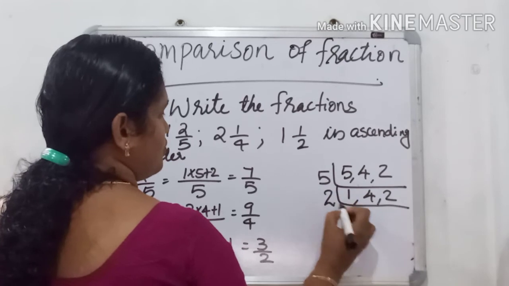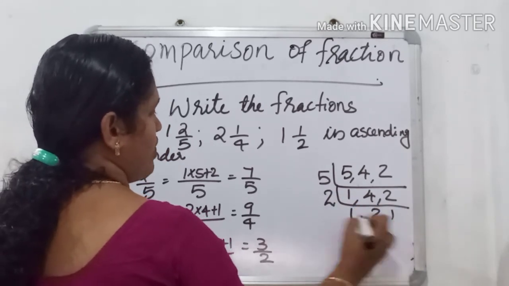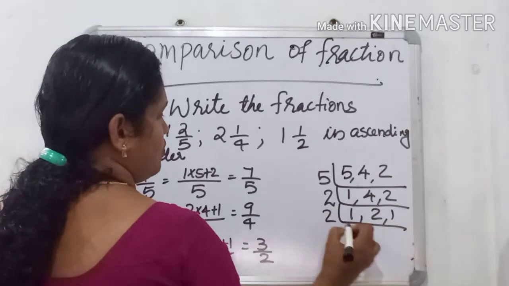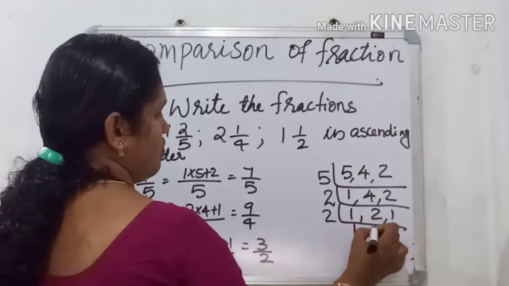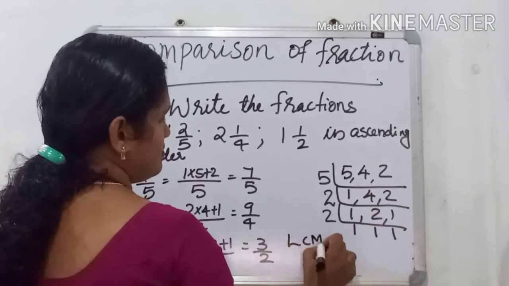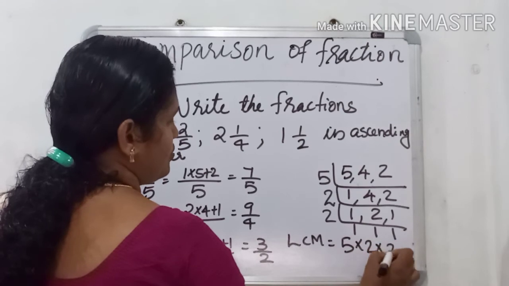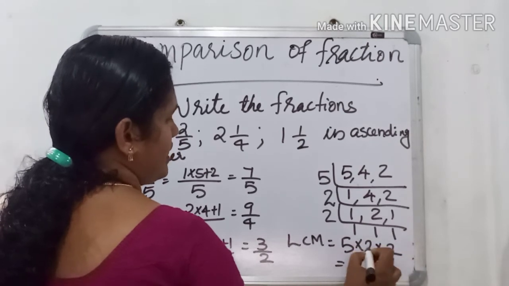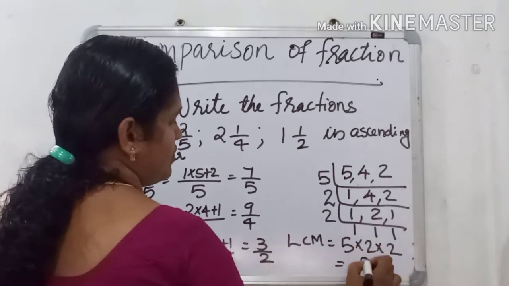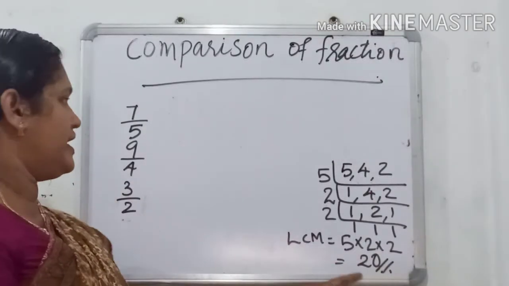Again 2. 1, 2, 1. Again 2, 1, 1, 1. LCM equals 5 into 2 into 2, which equals 5 2's are 10, 10 into 2, 20. LCM is equal to 20.